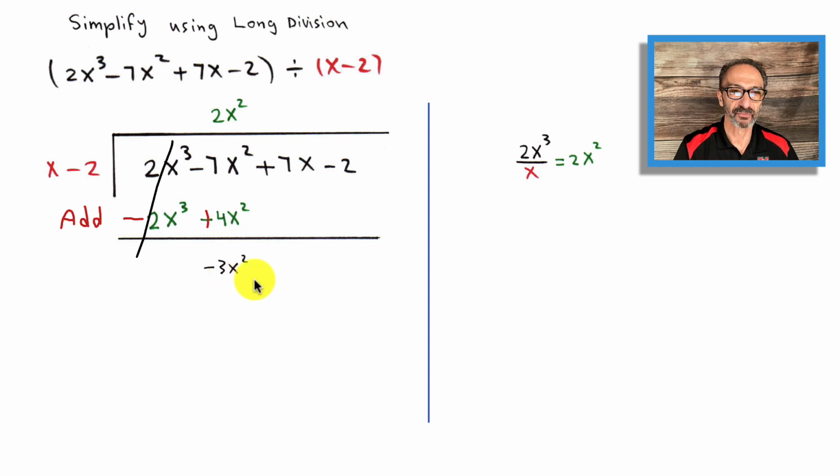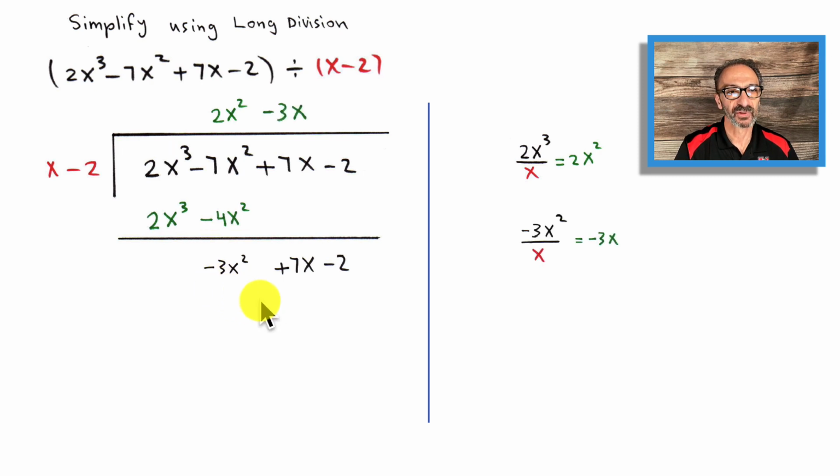Then what do we do? We bring this down, we bring this down, right there. Now we repeat the process again and again. Now we need to divide negative 3x squared plus 7x minus 2 by x minus 2.